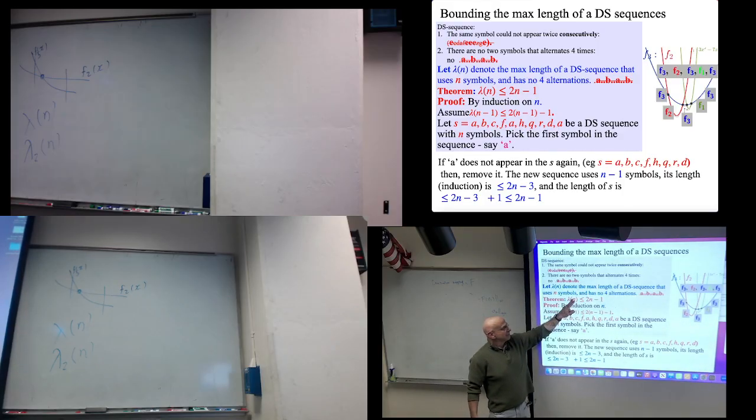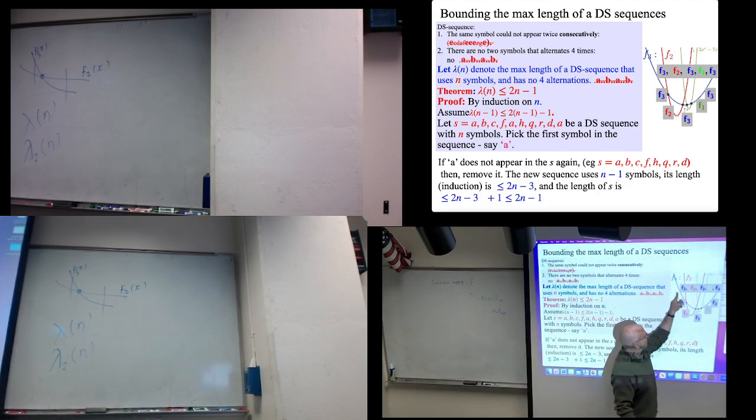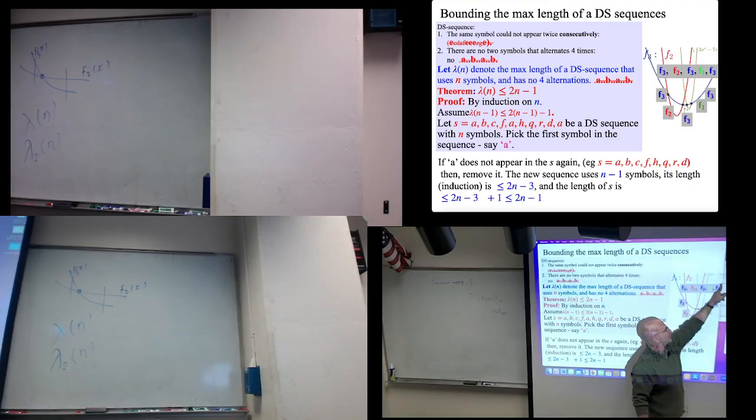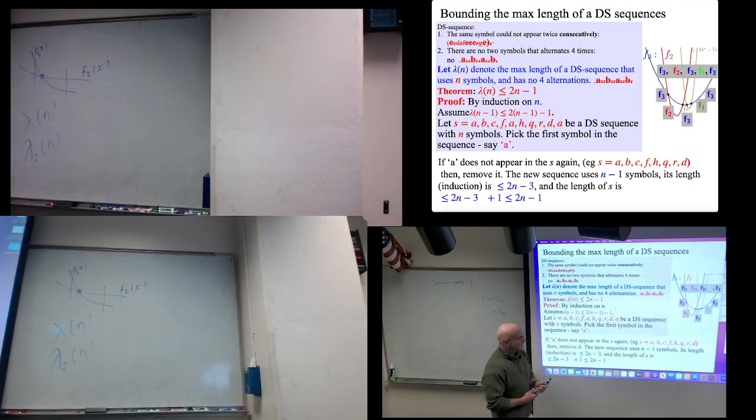Theorem, very easy to prove: the maximum length of such a sequence is at most 2n minus 1. Lambda of n, no matter how you arrange it, as long as you are using n functions and making sure that you don't have ABAB, the maximum length you'll get for the whole function, that is the maximum number of segments along such a lower envelope, would be at most 2n minus 1.